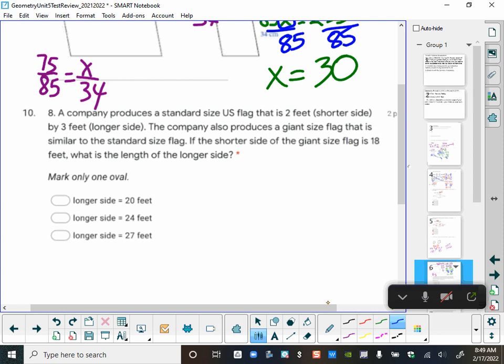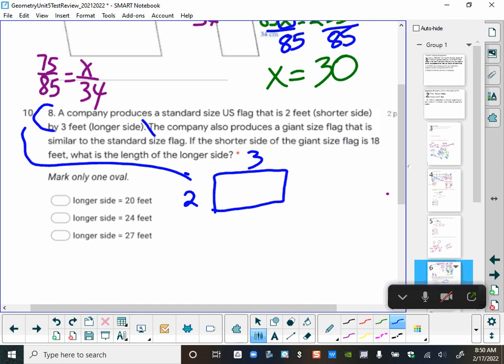The first flag was 2 by 3, right? They said the shorter side was 2, the longer side was 3. We agree. That's from the first sentence. So first sentence, there's your diagram.